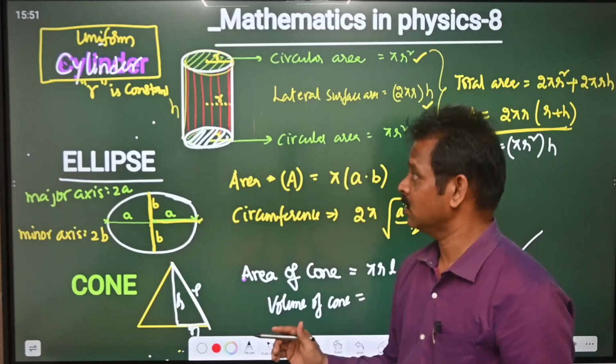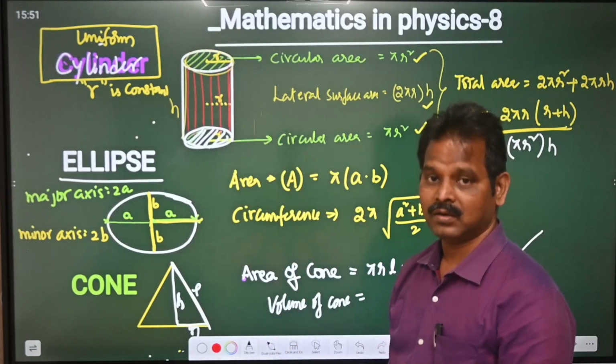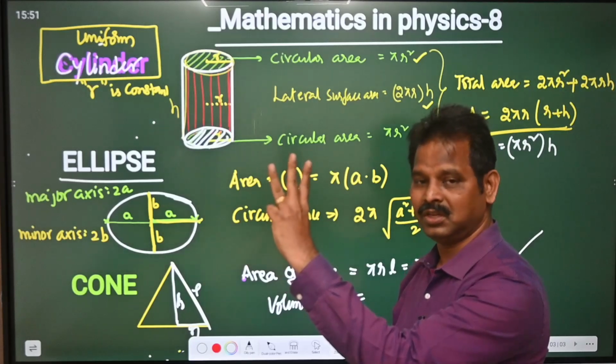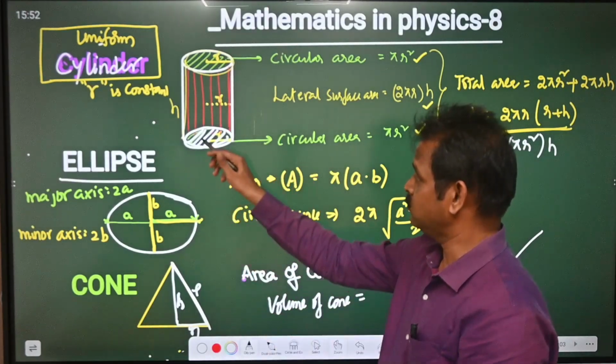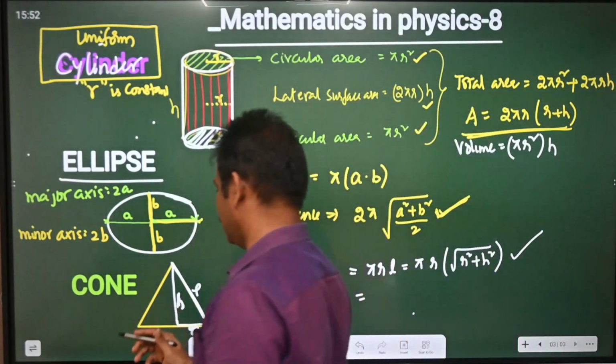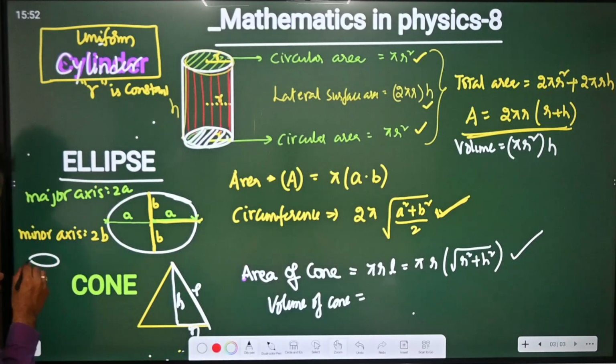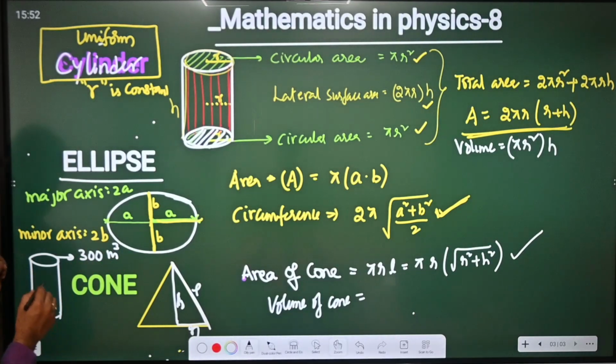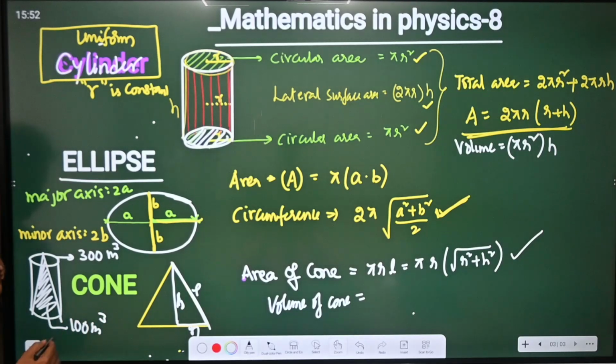Then the volume of this cone. Please remember, the volume of one cylinder is exactly equal to the volume of 3 cones of the same radius and same height. That means if the volume of the cylinder is 300 meter cube, and you draw 3 different cones here, each cone will have a volume of 100 meter cube.